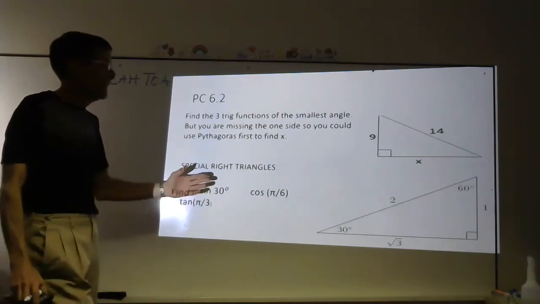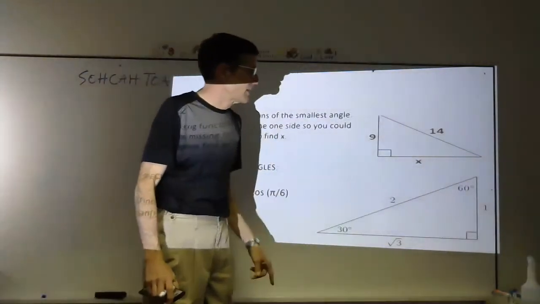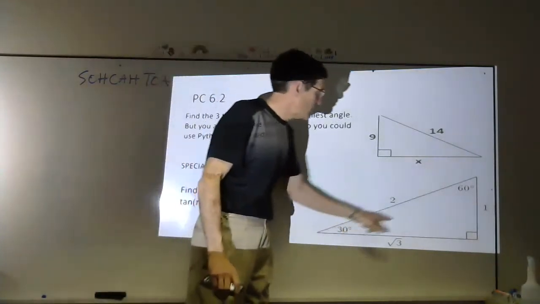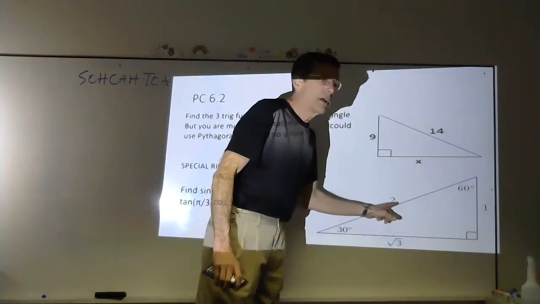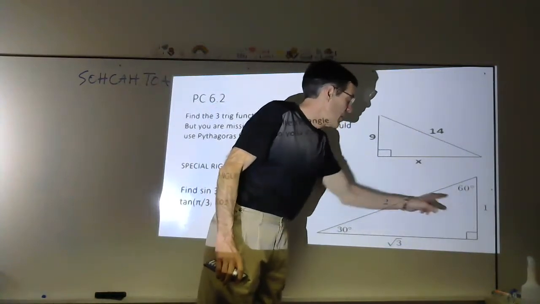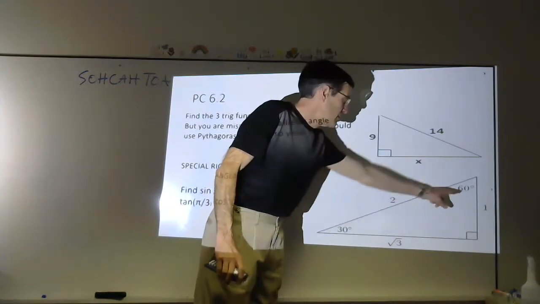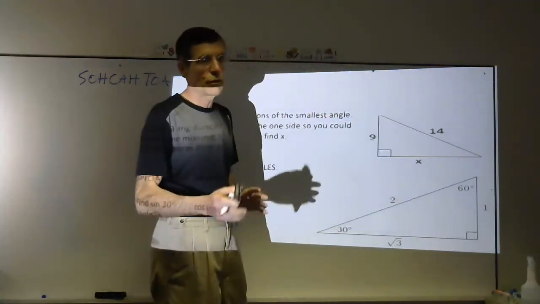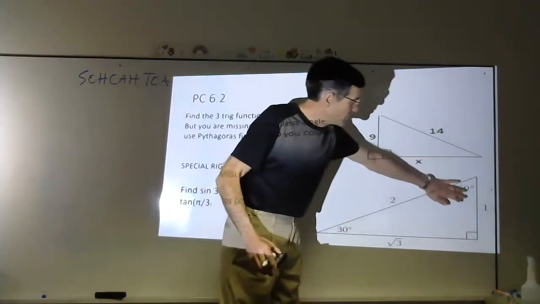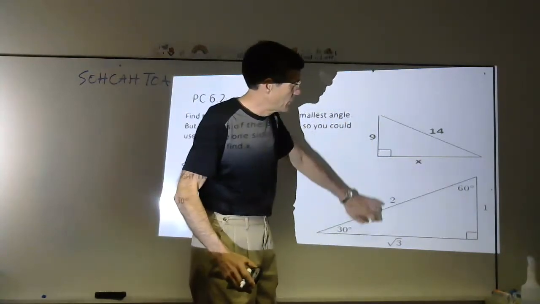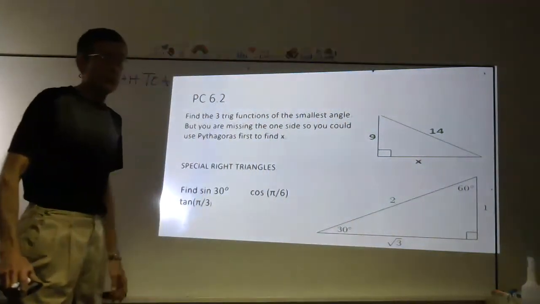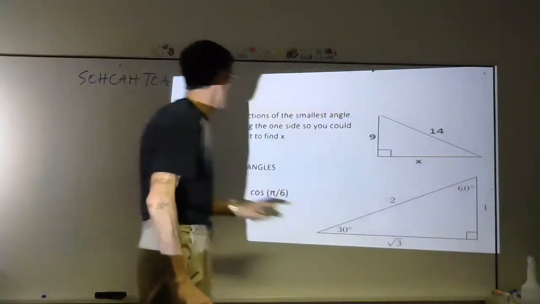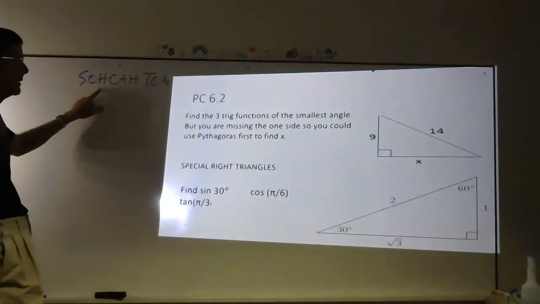But in a 30, 60, 90 triangle, from what we said when we started this discussion today, the opposite side is always half of the hypotenuse. So we know the opposite side is 1, the hypotenuse is 2, and to go from the little leg to the longer leg, it's times √3. So the sides on a 30, 60, 90 triangle, the small side is 1, the hypotenuse is 2, the longer leg is √3, okay? So the sine of 30 is 1/2, opposite over hypotenuse.